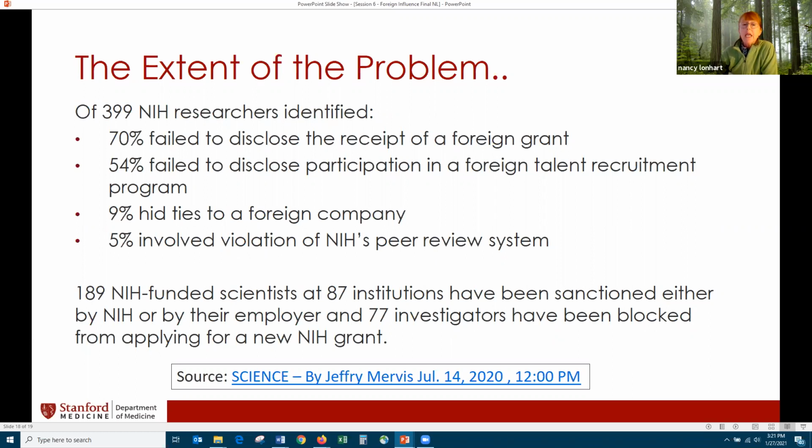Honestly, we can say the 70%, the 54, the 9, it's the 5%. That last one, guys, is just the absolute undermining of our federal institution for research support.